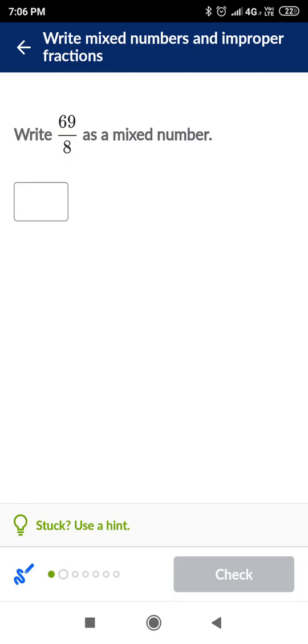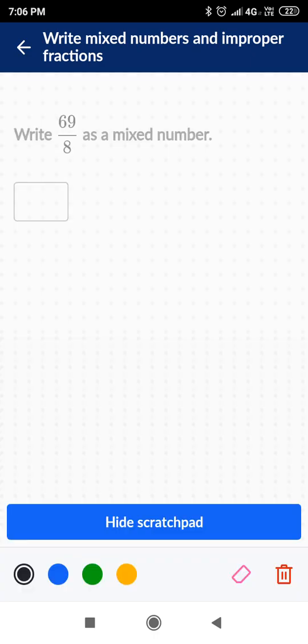Write 69 by 8 as mixed number. So you have 69 pieces of size 1 by 8.